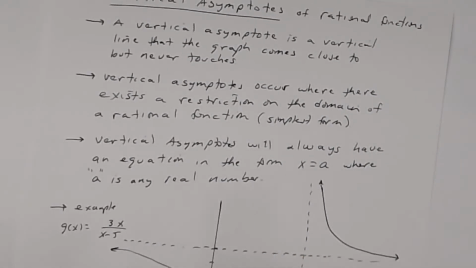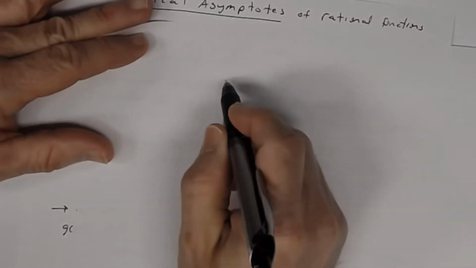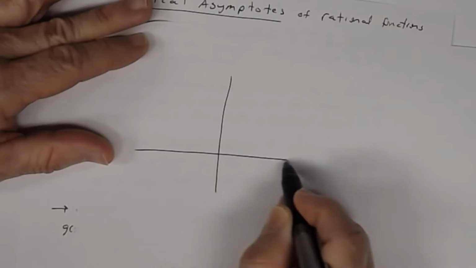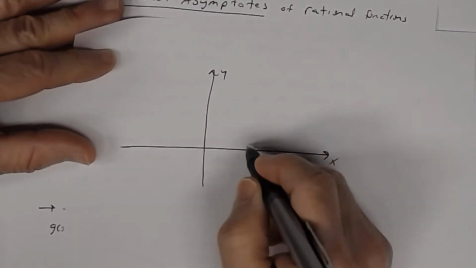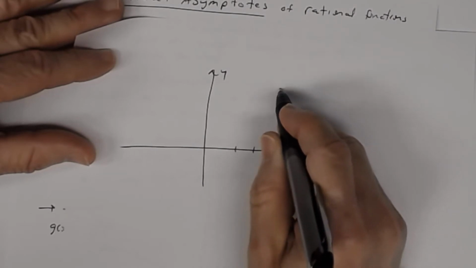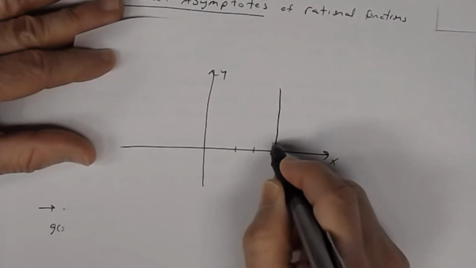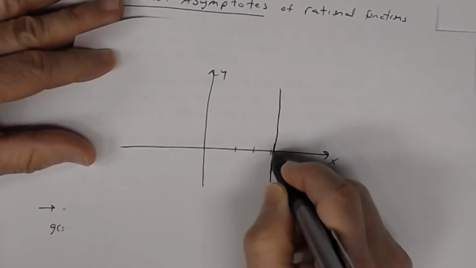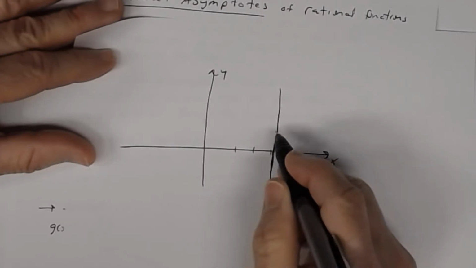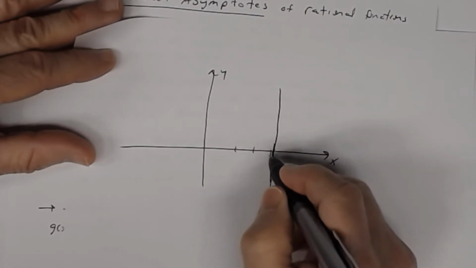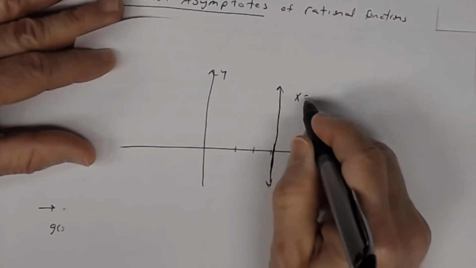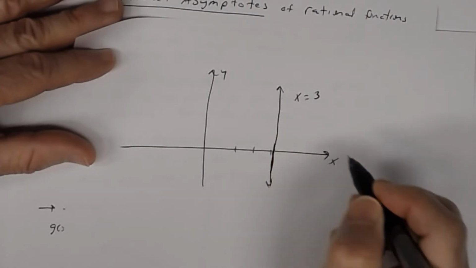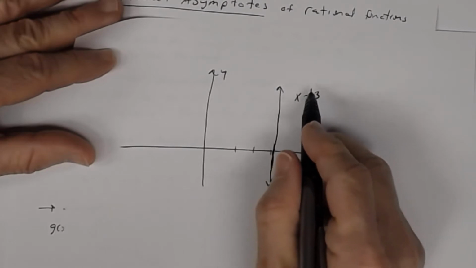All right, so that kind of makes sense, because if you think about it, let me just do this right here. Let's suppose this is the x-axis, y-axis, and let's say this vertical line goes through x equal 3. So remember, when naming a vertical line, it's always named as x equal some number.